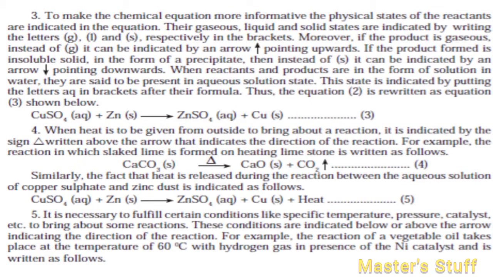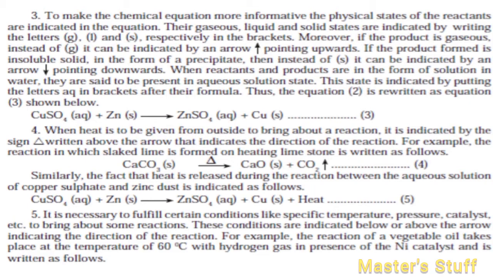Similarly, the fact that heat is released during the reaction between the aqueous solution of copper sulfate and zinc dust is indicated as follows: CuSO4 (AQ) plus Zn (S) gives ZnSO4 (AQ) plus Cu (S) plus heat.